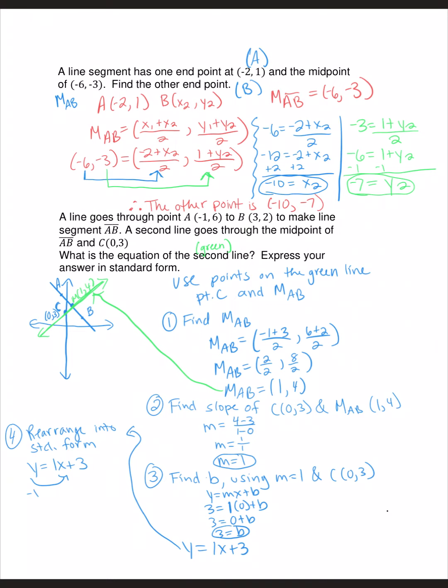So we're going to subtract y from both sides. So we're going to be left with 0 equals x minus y plus 3. Okay, and that answers the question that we were given here. So express your answer in standard form: x minus y plus 3 equals 0. That is all for your note for today.